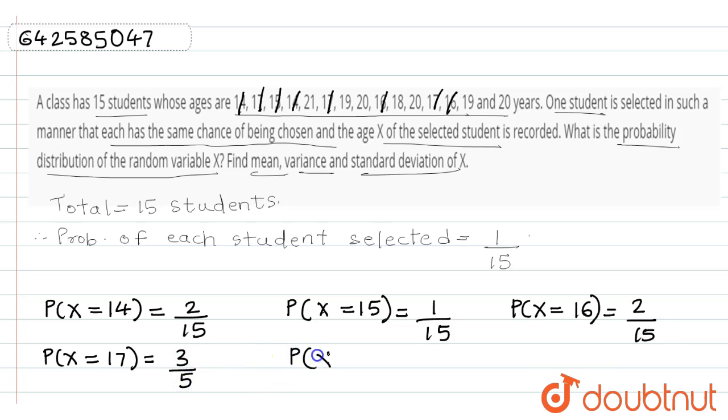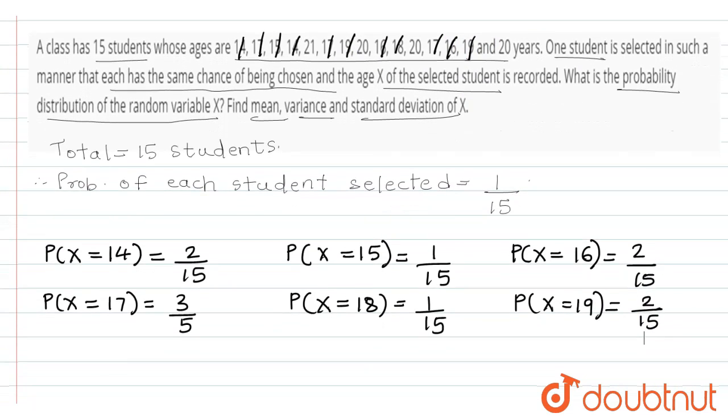Next, age 18 occurs only 1 time, so the probability will be 1 by 15. Next, probability of x equal to 19. The age 19 occurs 2 times, so the probability will be 2 by 15.